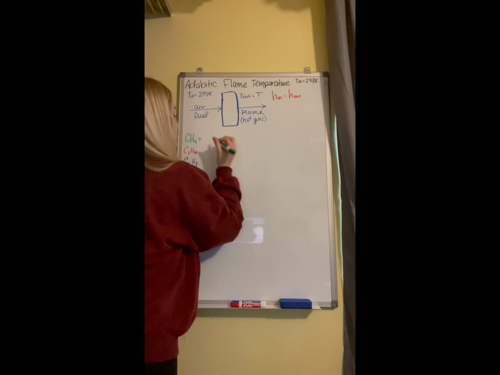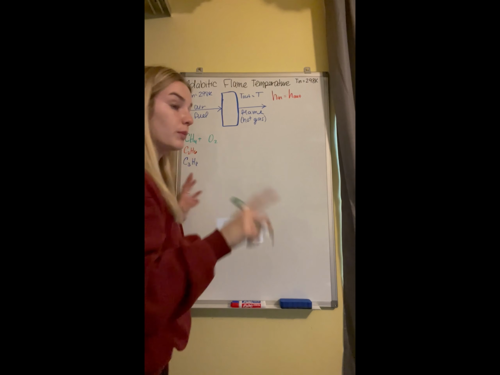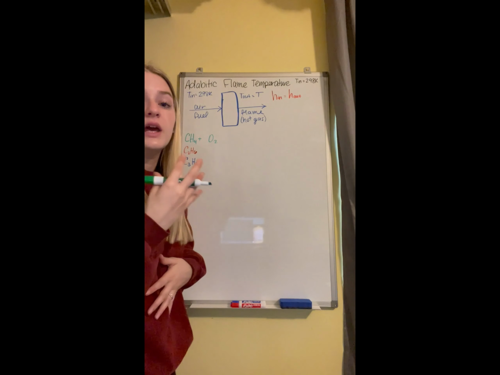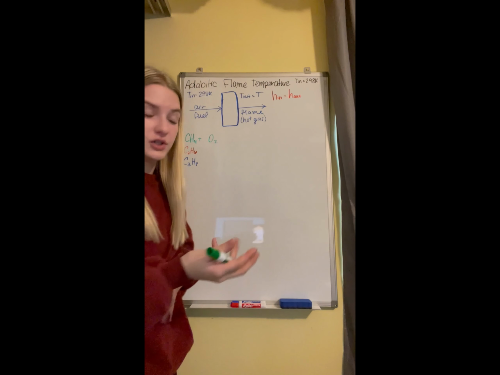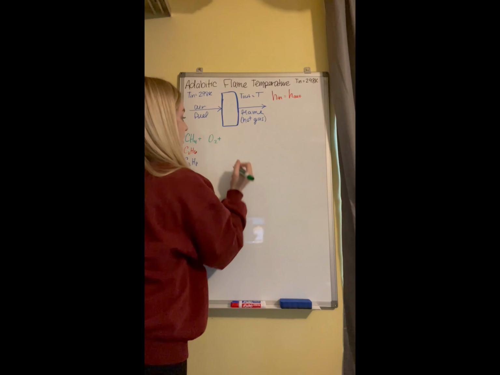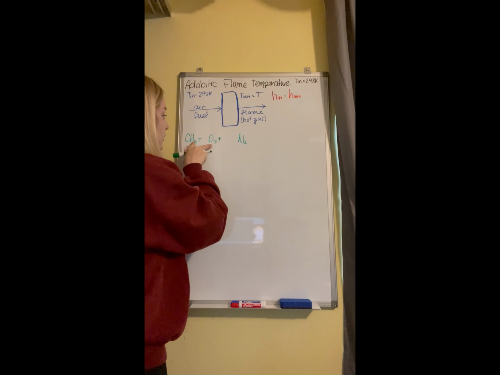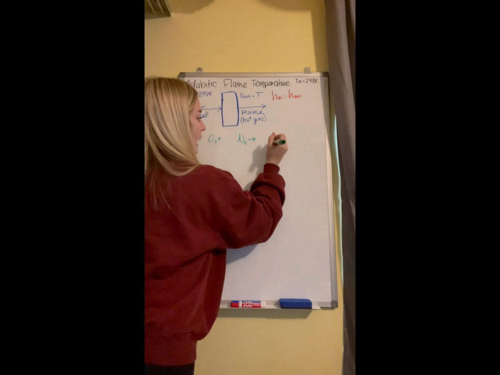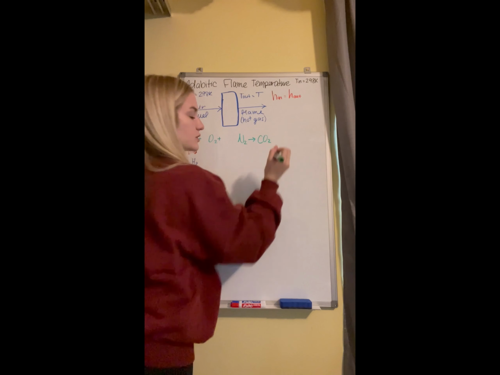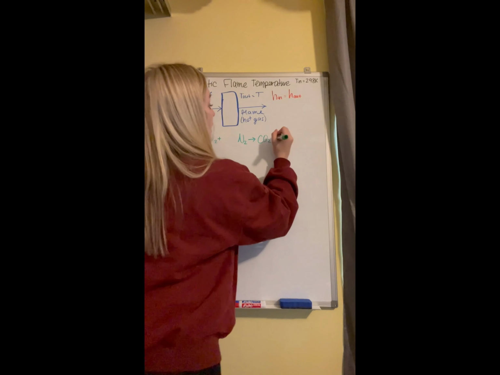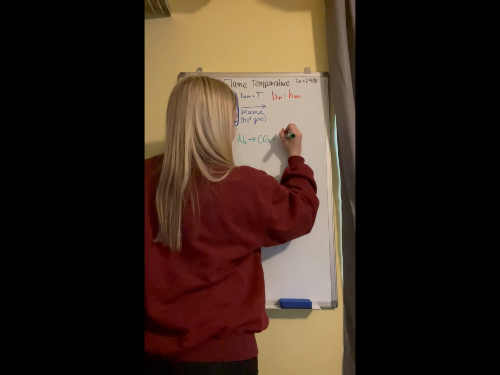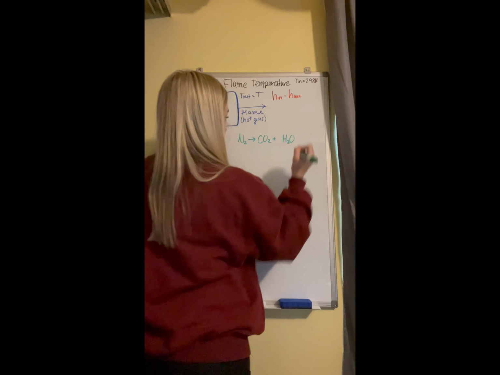So we are going to do plus O2, but since we are actually using air, not just pure oxygen, we have to add in nitrogen. So we have N2. Now this CH4 and the O2 is going to react to produce CO2, which is carbon dioxide, and it's going to produce water, so H2O.